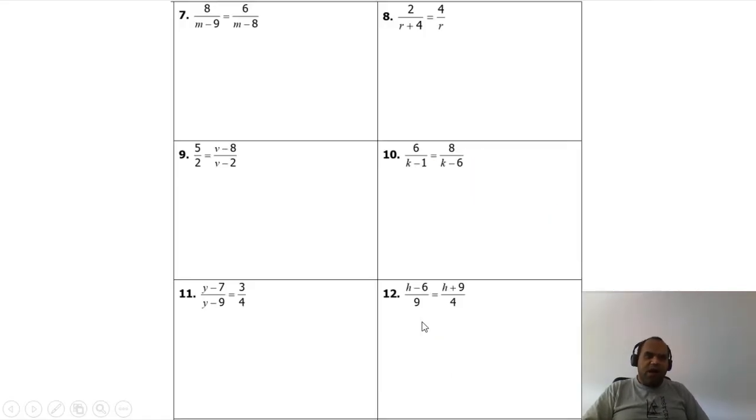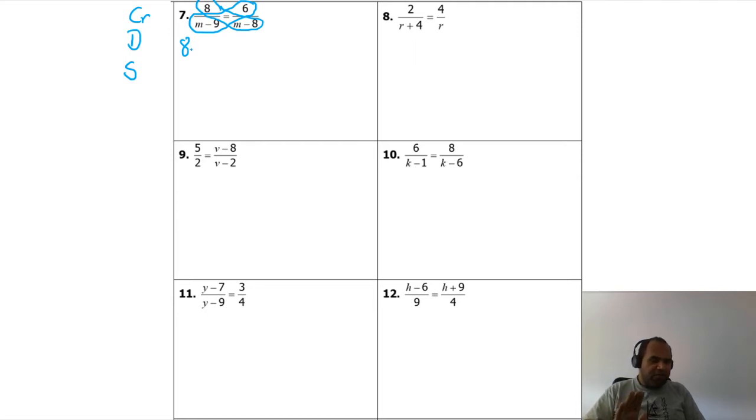I will work on the odd ones here. You work on the even ones. Here's the same thing. Number 8. The fraction is m minus 8 over 6, equals m minus 9 over 8. Oh, remember: cross multiply, distribute, solve it. Recall this all the time.